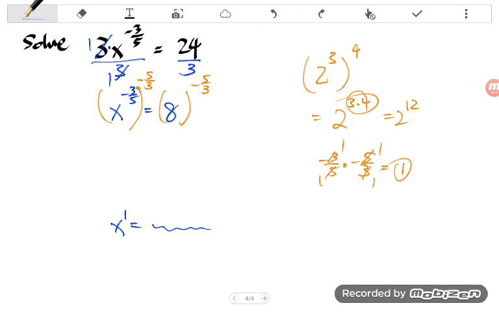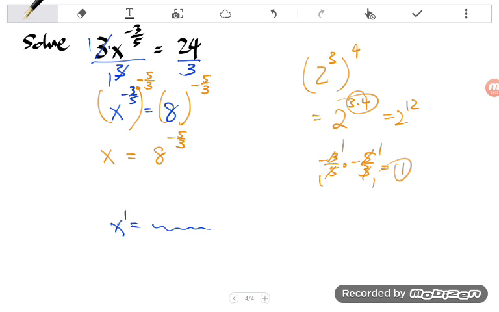So if I do this, I'll have x equals, now I only have to figure out what's 8 to the power of negative 5 over 3. And that's not too bad because my base is 8. So this is better than having an exponent for my variable, right? So let's try to solve this 8 to the power of negative 5 over 3.